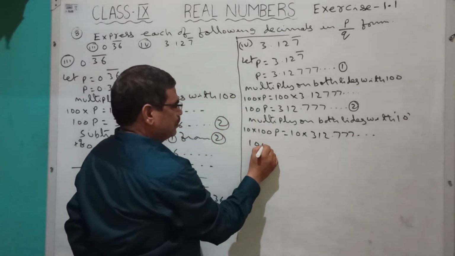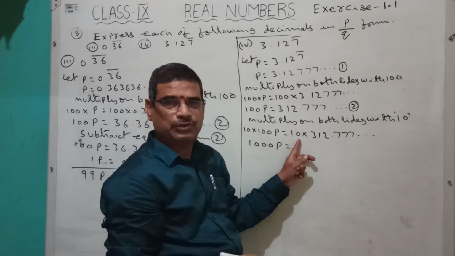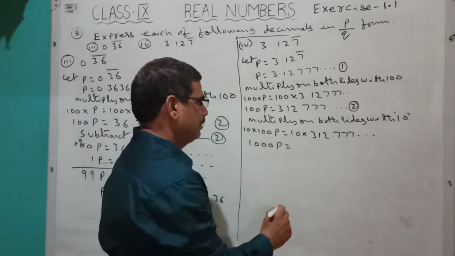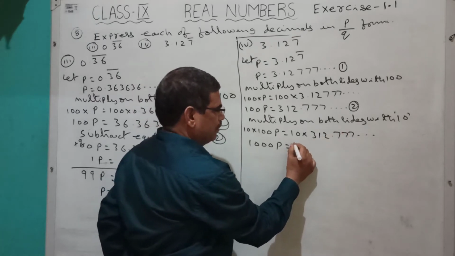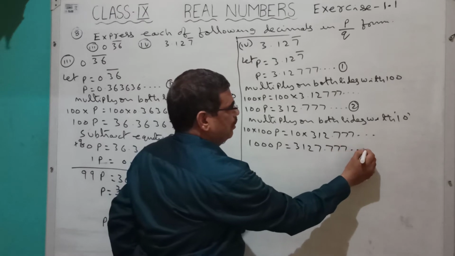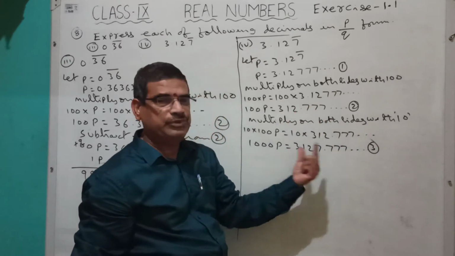So 1000 P is equal to 3127.77, and so on, as the point moves one place. Make it 3. So subtract 2 from 3.